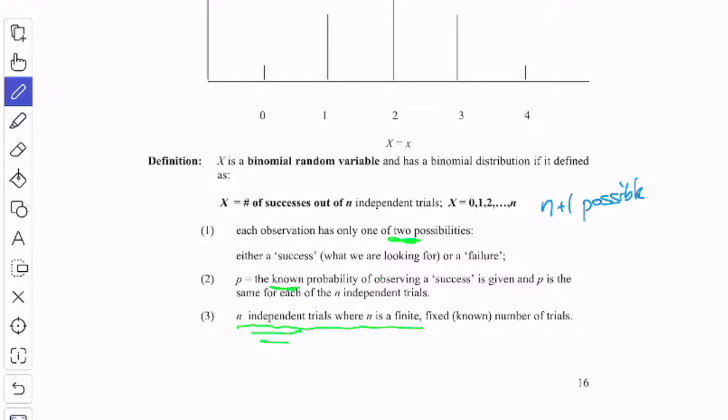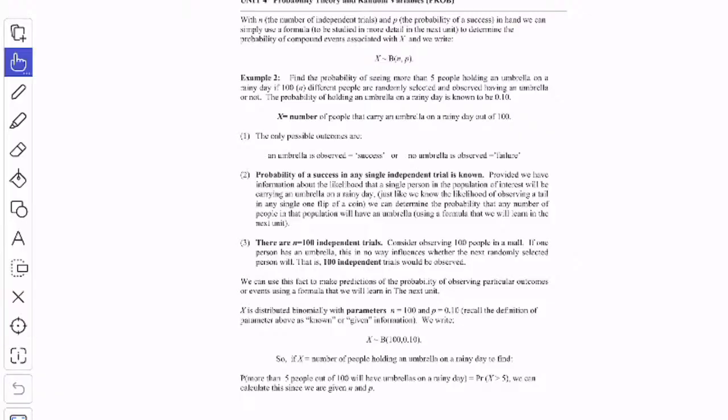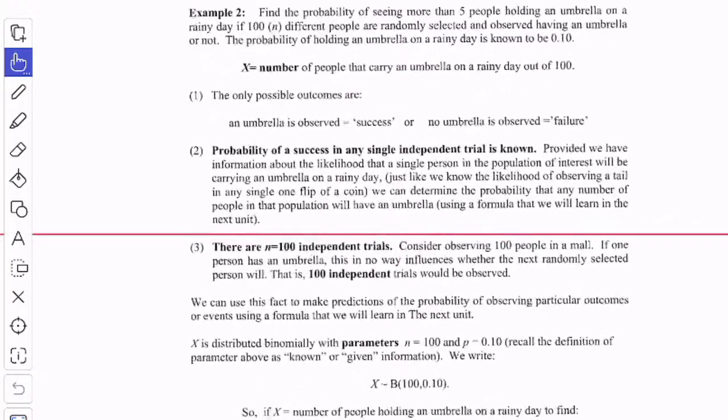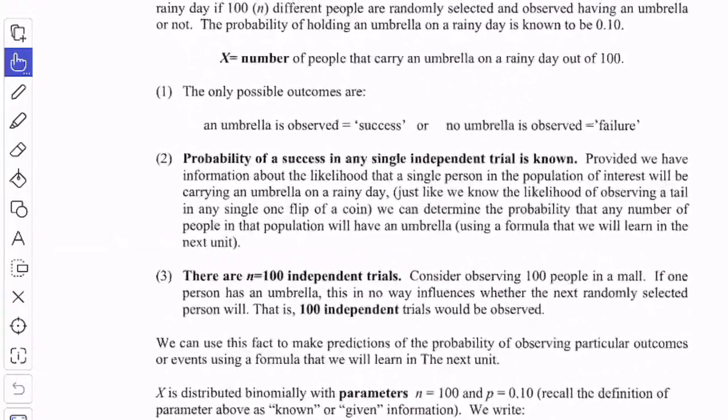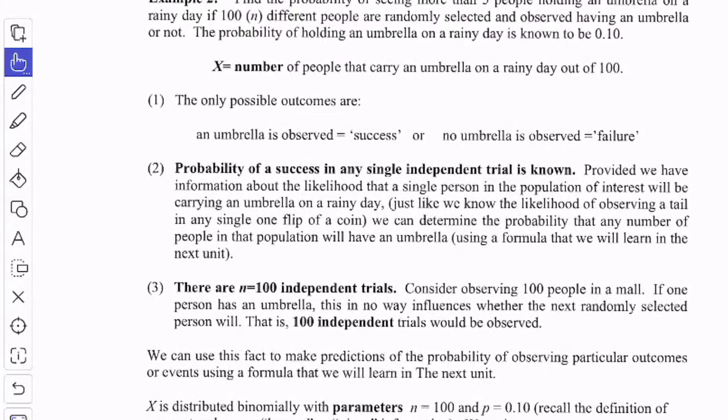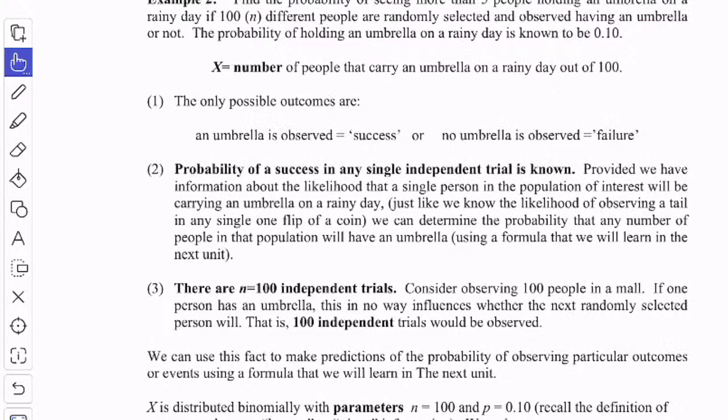Don't forget the 0. So if this is the case, then what you have is a binomial random variable. So let's try to determine, in this example here, whether this is a binomial variable.